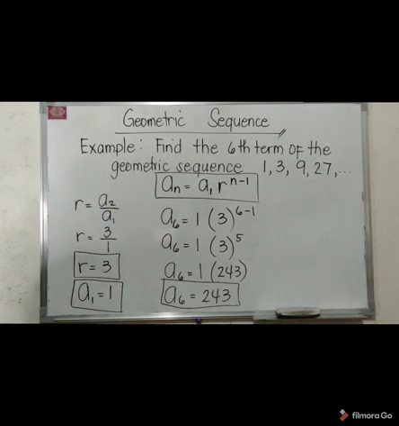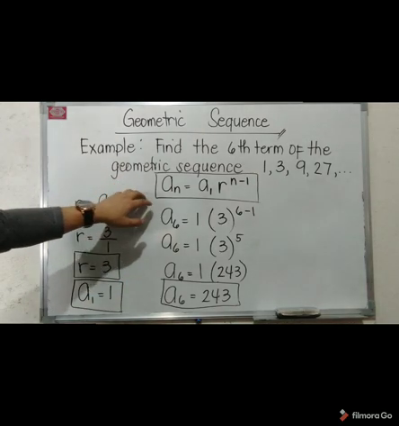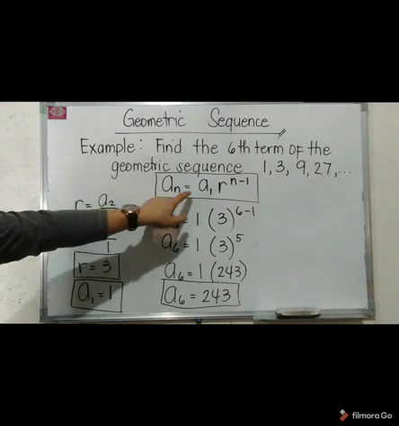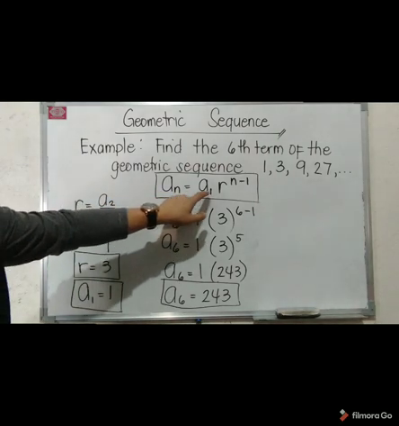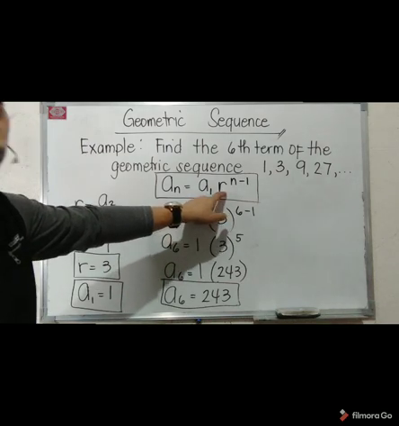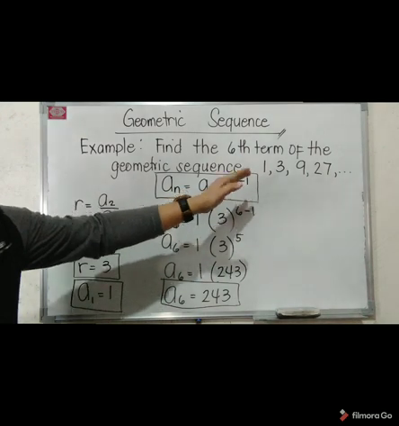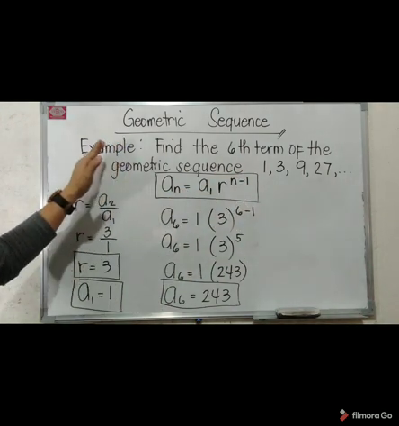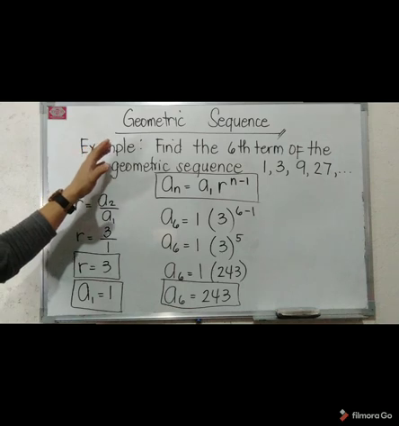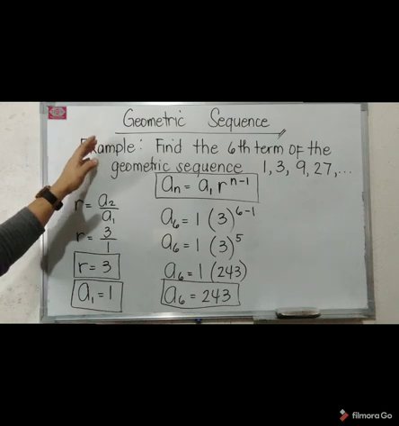So, kagaya nga ng sinabi ko kanina, para mahanap ang ating nth term pagdating sa geometric sequence, we'll be using a sub n is equal to a sub 1 times common ratio raised to n minus 1. So, mapapansin nyo dito sa ating given, hindi naman ibinigay agad kung ano yung common ratio. So, kailangan natin kunin or isolve kung ano ba ang value ng ating ratio.